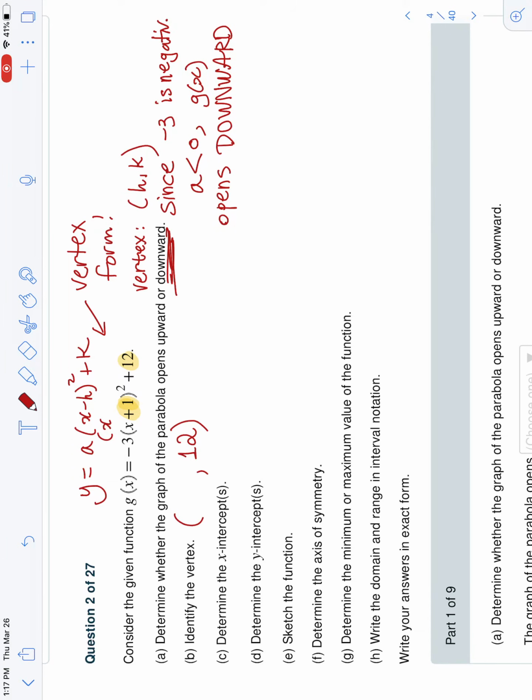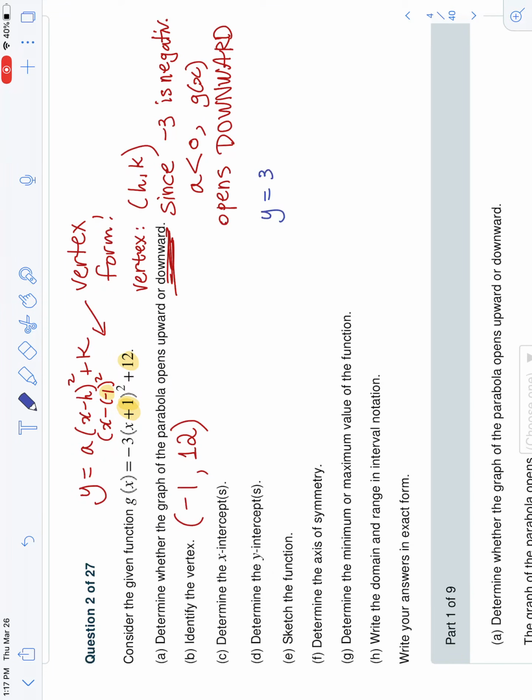The y coordinate is going to be 12. But notice that we have to see it as x getting subtracted. So think of this as x getting subtracted by -1, which turned into x plus 1. So the h value is really -1 here. So the vertex is going to be (-1, 12).